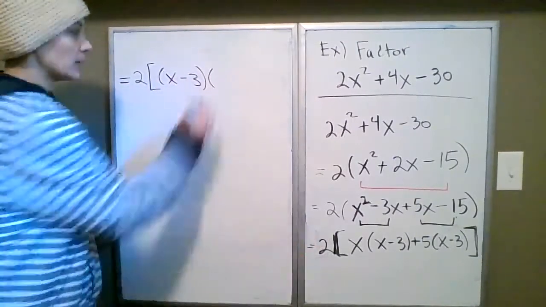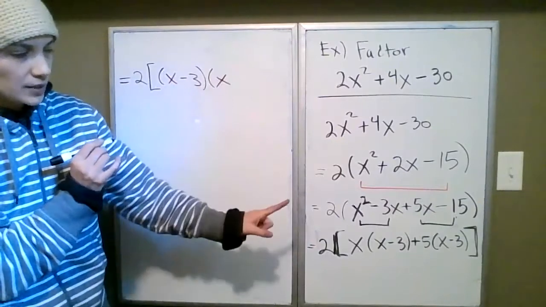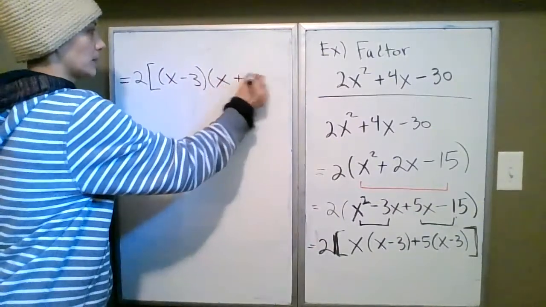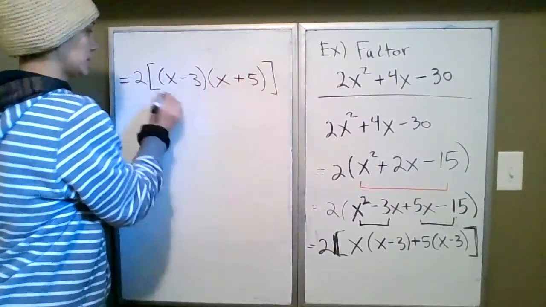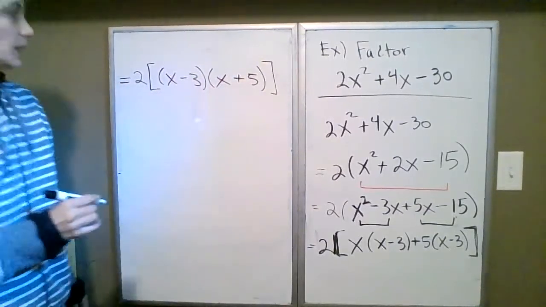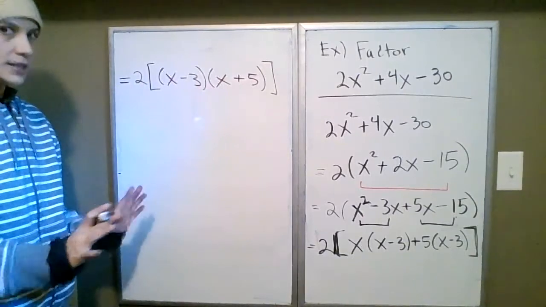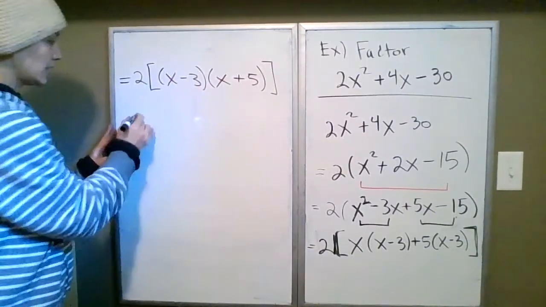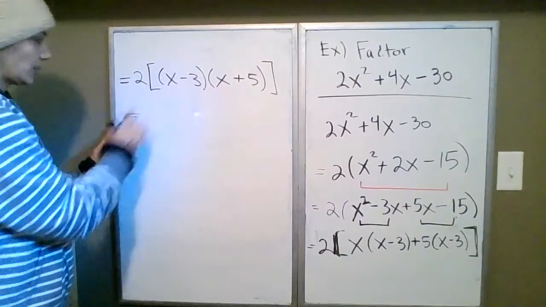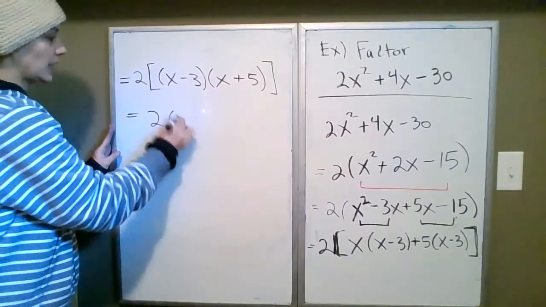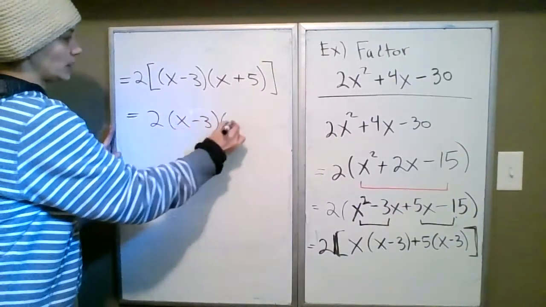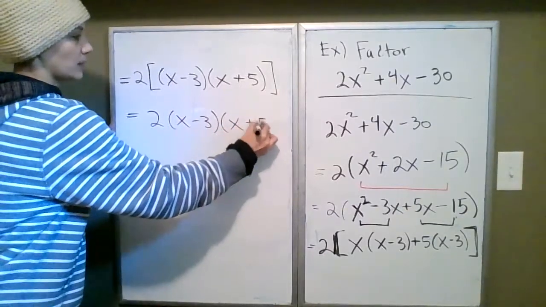Leaves an x from the first term and a plus 5 from the second term. And now that I've kind of got everything nice and organized, I can drop those extra brackets because it's kind of clear what's going on now. I want to take a 2, multiply it with an x minus 3, multiply it with an x plus 5.